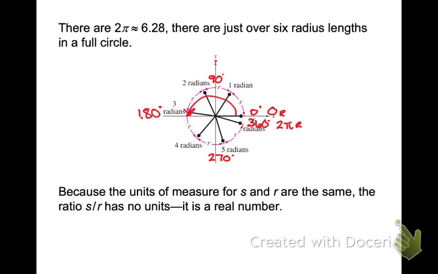If this is 2 pi, if I go all the way around, what happens if I just go right here? 1 pi. 1 pi, thank you. When you said 1, I wanted you to say pi. Well, what if I stopped at 90? What would it be? Half a pi. So pi over 2.